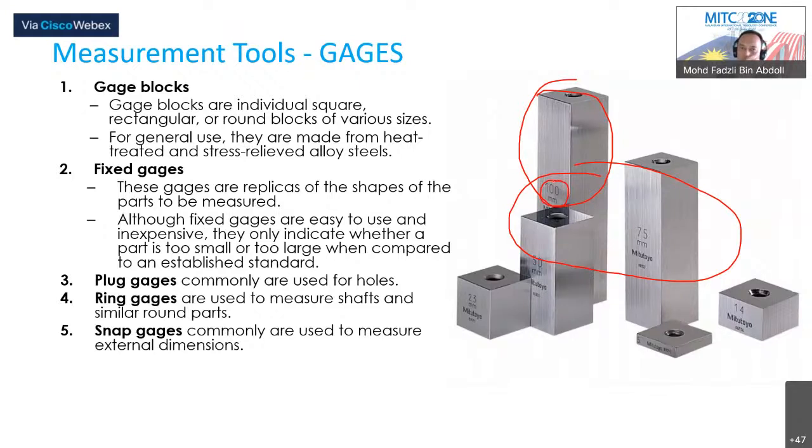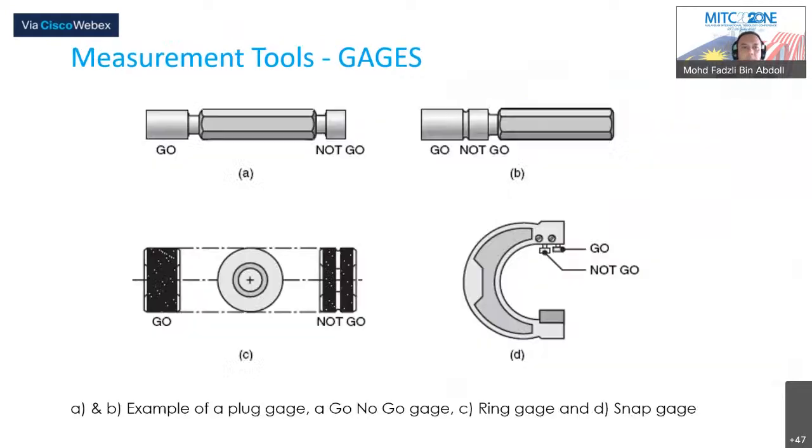Jadi kalau gauge tu masuk dalam lubang 100 mm, maksudnya betul lah lubang tu adalah 100 mm. Jadi measurement tool iaitu gauge ni sebenarnya lebih kepada indikator saja, indikator the standard punya size.